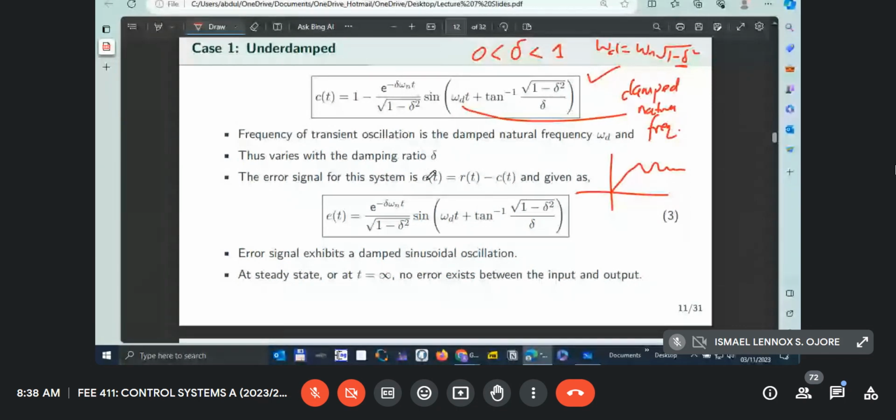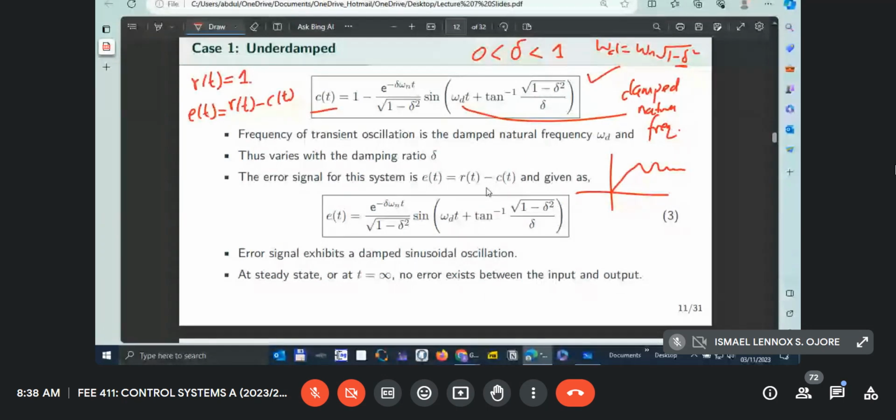Another thing to see is the error between our input and our output. So for this case, this is our output response. Our input was what? It was 1. Remember, this is a unit step. So we can get this error as a function of t by taking r(t) minus c(t).